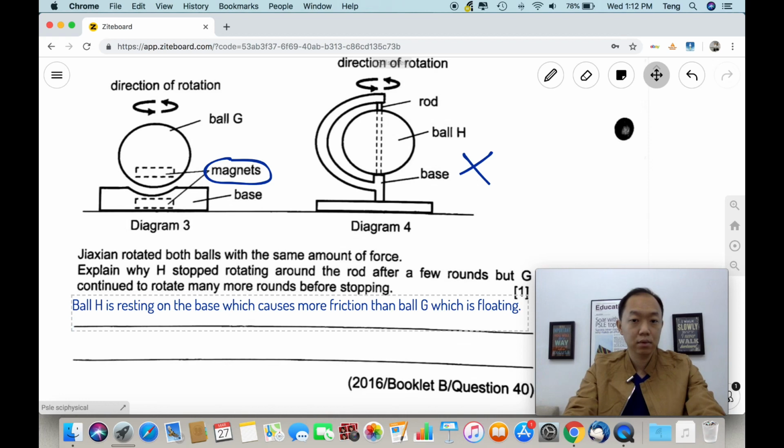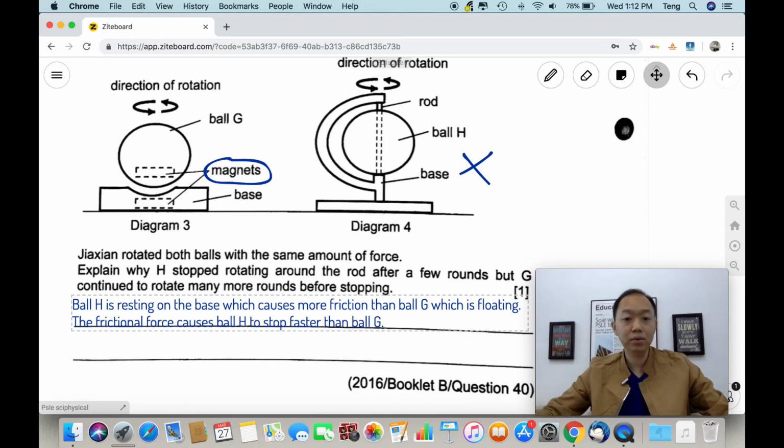The frictional force causes H to stop faster than G. So identifying friction here, and there's no friction here. So H is resting on a base, which causes more friction than G, which is floating. Hence, the frictional force causes H to stop faster than ball G.